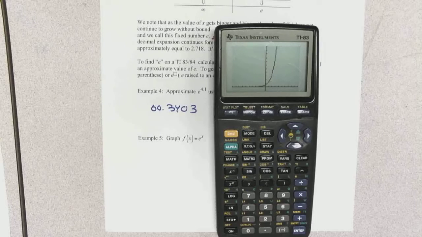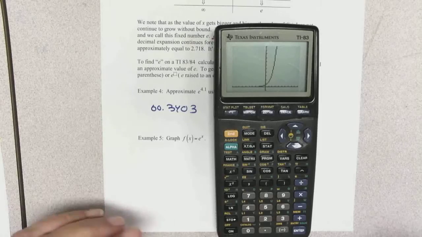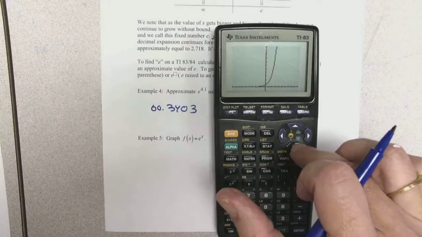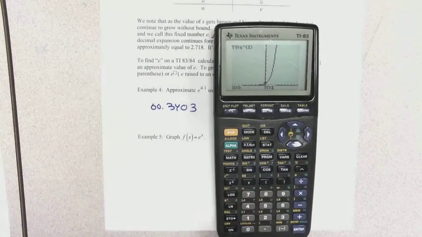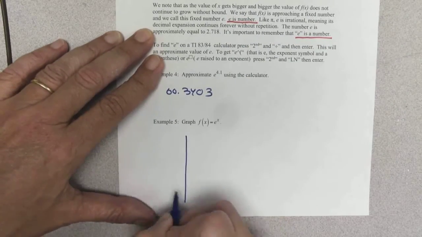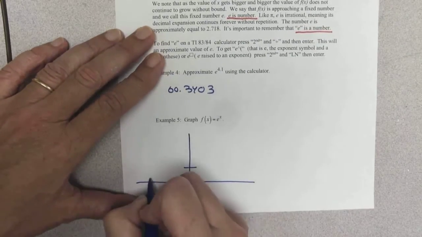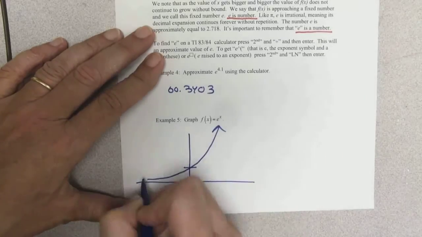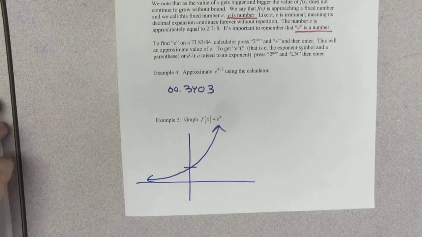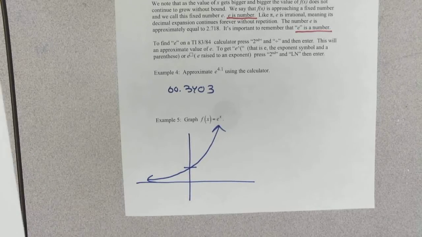It's not important how I choose those numbers, but notice I get that same basic shape. And again, it's going through that point (0, 1). If I do a trace and tell it to go to 0, which it did automatically, (0, 1). And so once again, I get that same basic shape. All basic exponential functions have that same basic shape.